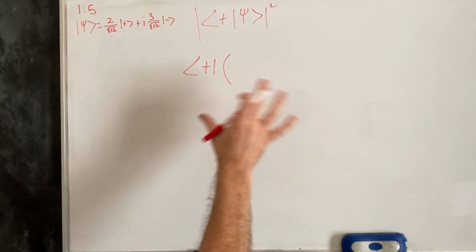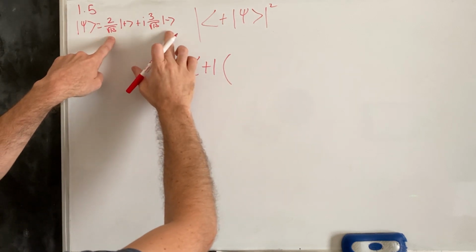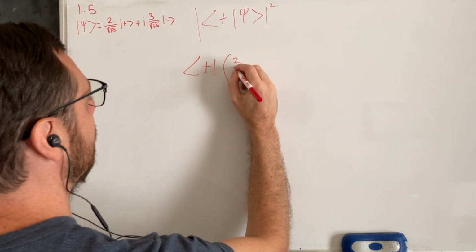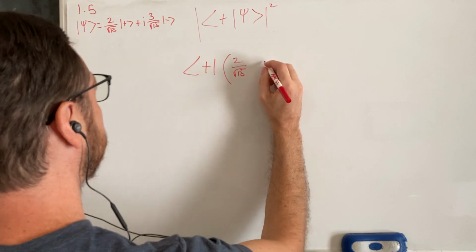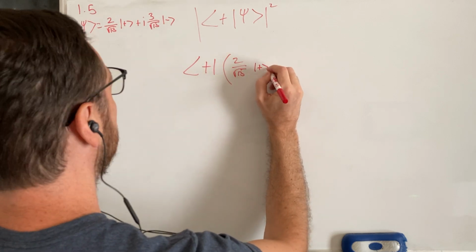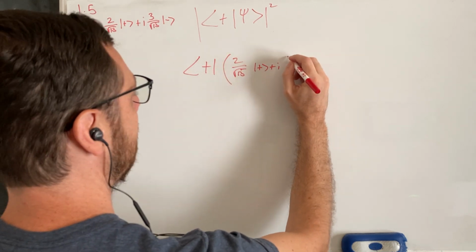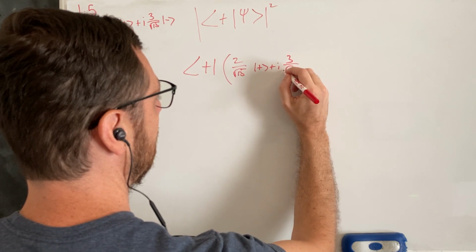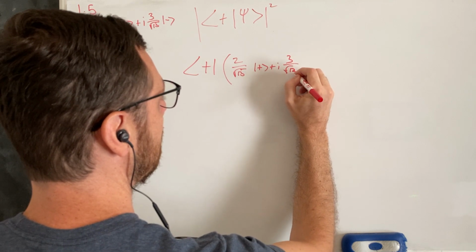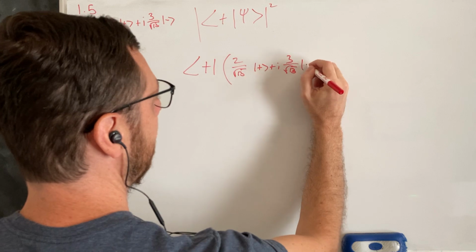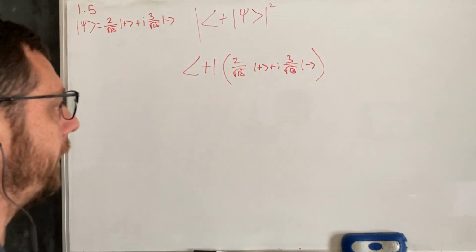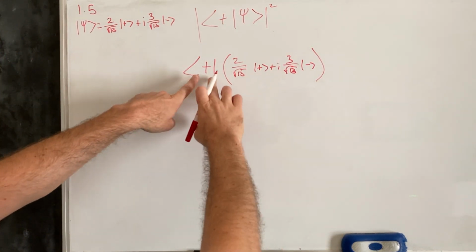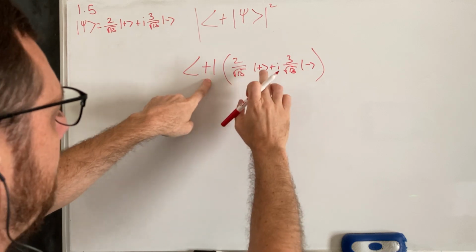We're going to multiply it with our state here. So we can just write that out, 2 over root 13 up plus i 3 over root 13 down. Okay, and then we distribute this.